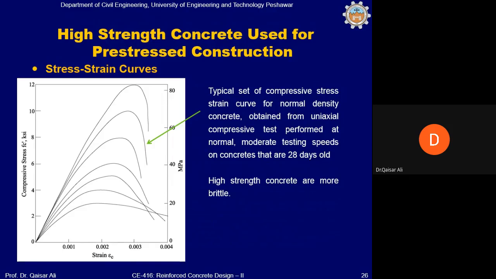However, as you know, brittleness of concrete is not an objective to be achieved in either reinforced concrete or pre-stressed concrete. But comparatively speaking, the higher the strength of concrete, the more brittle it will be.